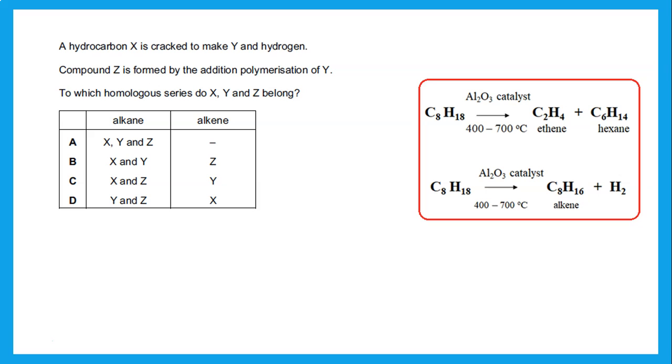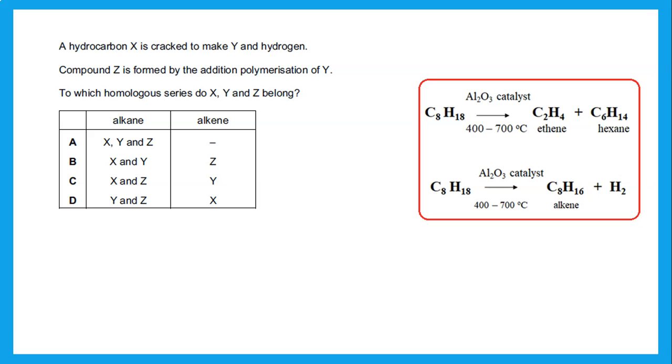And then when we break it up, we form either alkene plus alkane or alkene plus hydrogen. So the question says it's going to make Y plus hydrogen. That means Y must be an alkene. Now compound Z is formed by polymerization of Y. Yes, we take alkenes and we use them to make polymers.